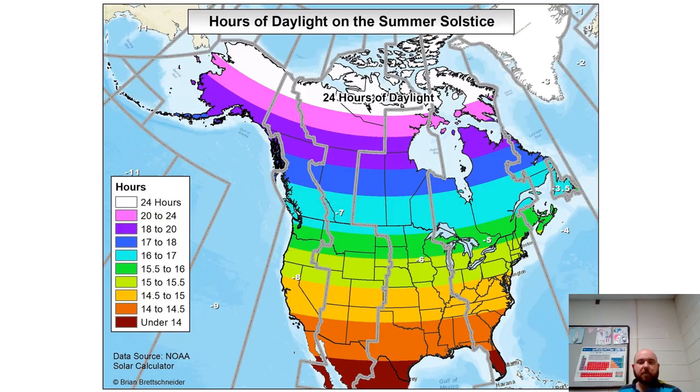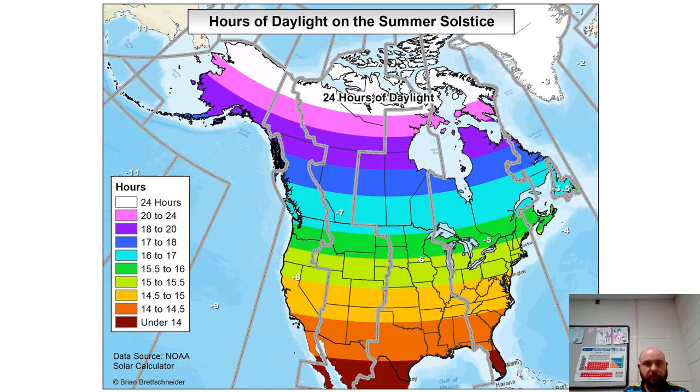And so here we have a map. Because of this, you can kind of guess that as you go further in latitude, as you go further north, you would get longer and longer days in the summertime. In the wintertime, you would get shorter and shorter days. It would be the exact opposite.